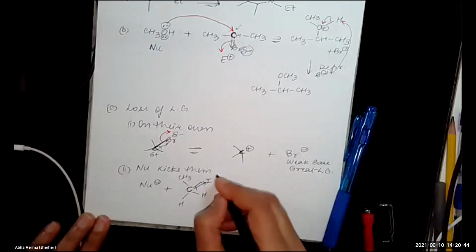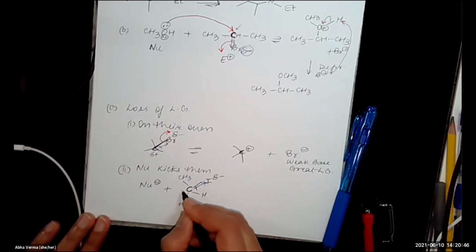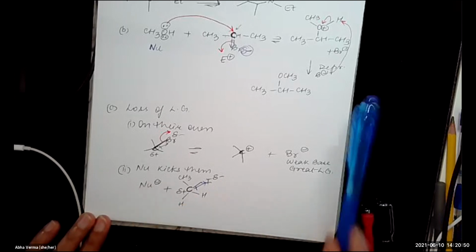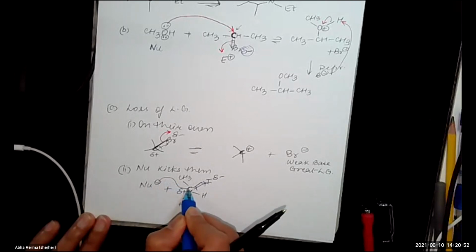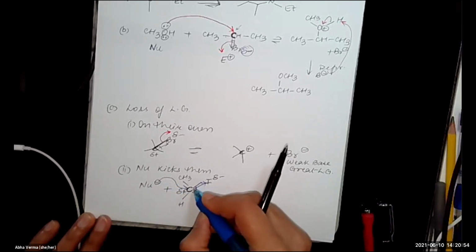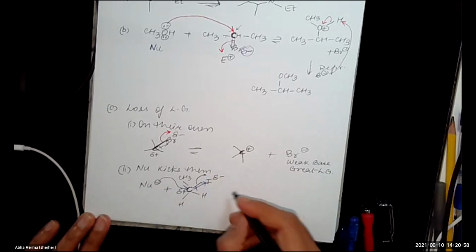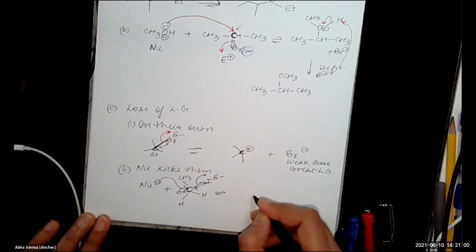This iodide gets the partial negative. This carbon gets the partial positive. So the nucleophile attacks the carbon, and this carbon iodide bond gets kicked out. What is it that you form now?